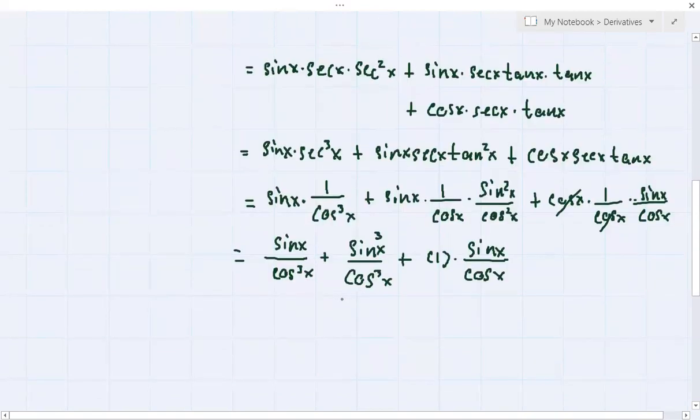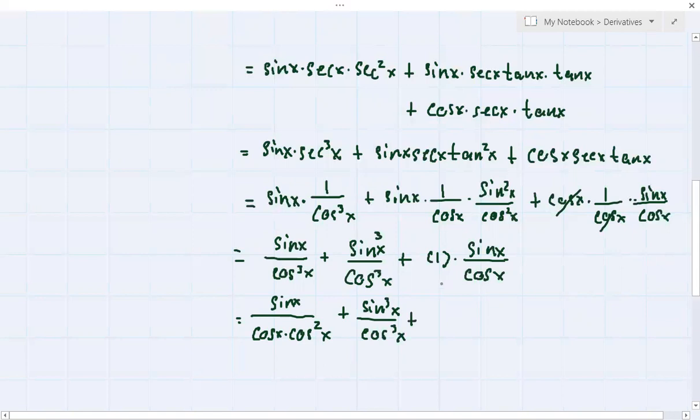Or actually, we can simplify this one. Itong si sin x all over cosine cube of x, I can separate this, yung denominator niya, into 2 factors. So, ang mangyari dyan, I will have sin x all over cosine x times the square of cosine x. Ganyan na siya. Okay? Then, let me just copy the rest of the terms.